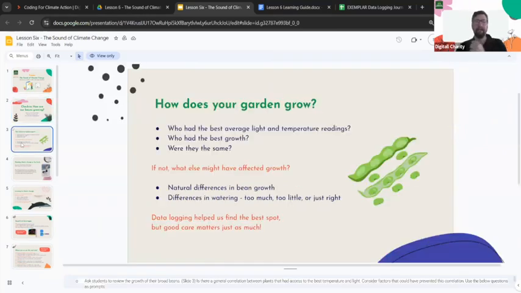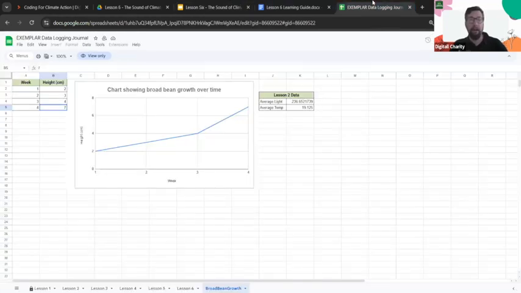As a class, we really want to think about what the overall results have been, right? Because we want to collect all of our data together to think about whether the initial data logging that we did was good enough evidence for where we should be placing broad beans. So as a class, we can think about what the averages were.